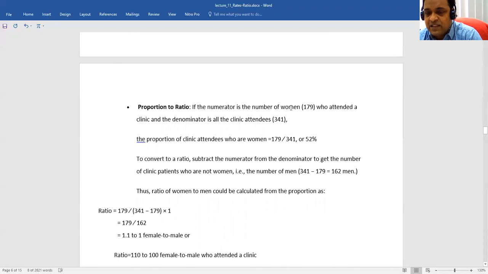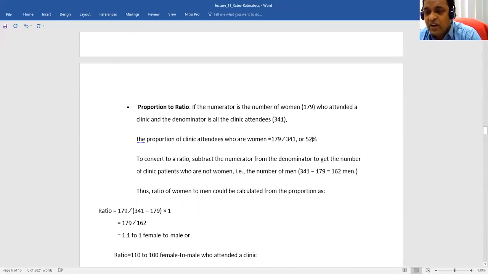Sorry, this is the other example. There are 179 women attending a clinic out of all the attendance, 341. Attendance means there may be women or men. So the proportion of women attending the clinic will be 179 divided by 341. If you multiply by 100, 52% are women attending the clinic.